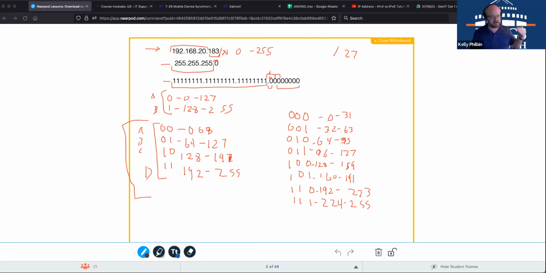Initially, you'll have to kind of do the math each time. Eventually, if you use this stuff enough, you'll just kind of remember the ranges. But at first, you're going to want to write them out. Like I always write out the binary in order, and then do my ranges in order. That way it makes sense to me.